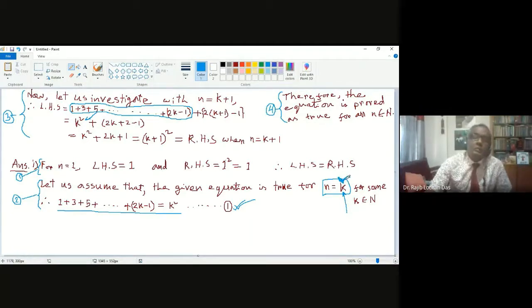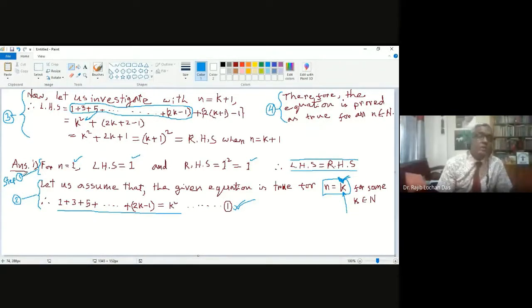Because you showed something in step number 1. So what did you show? You showed that if we take n equal to 1, then it is working. Left side, right side is correct, equal. So you already showed that the theory is correct for n equal to 1.